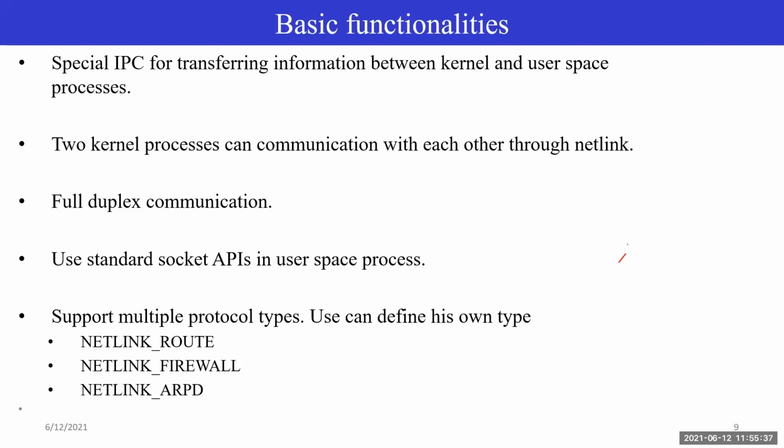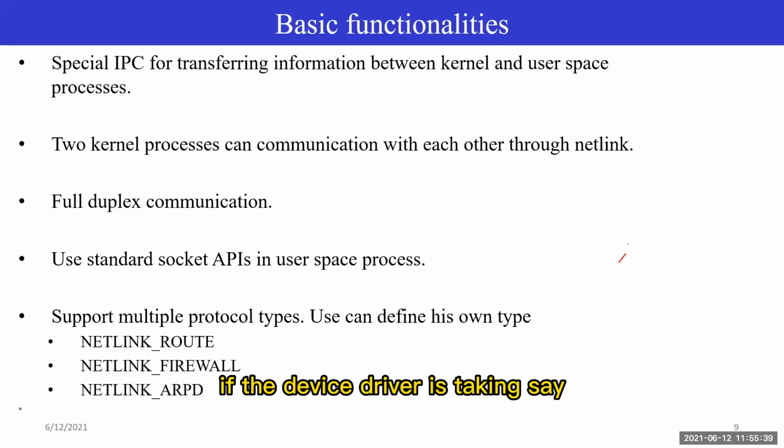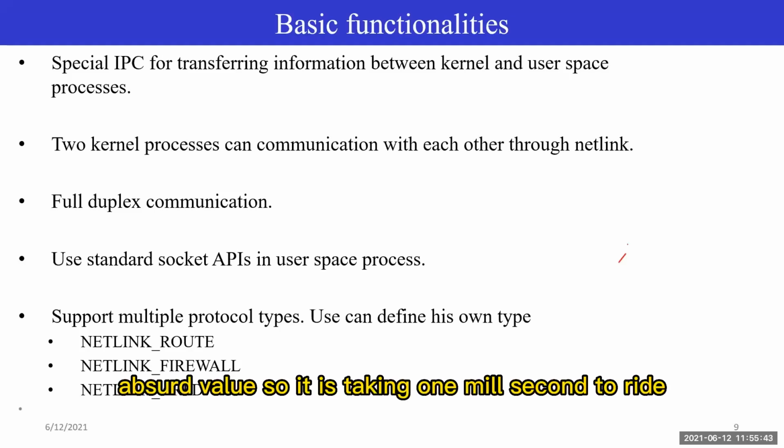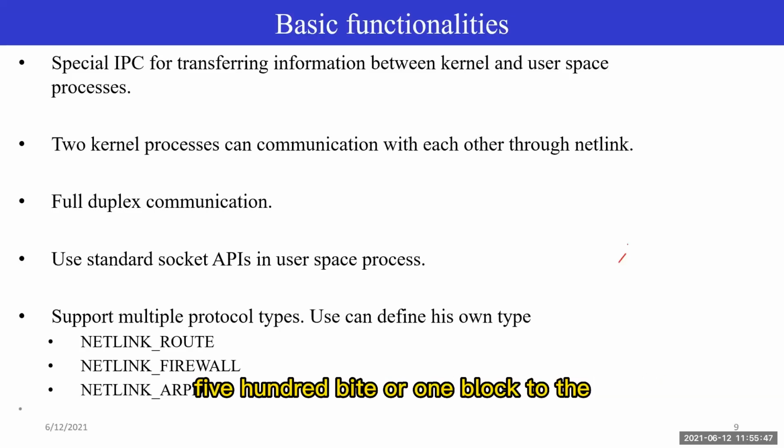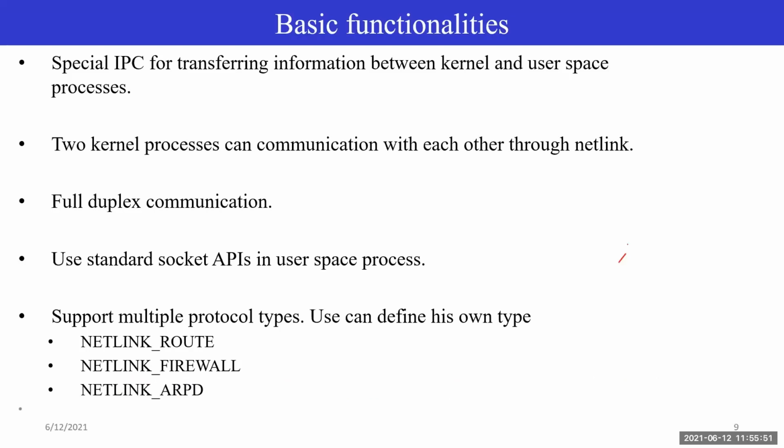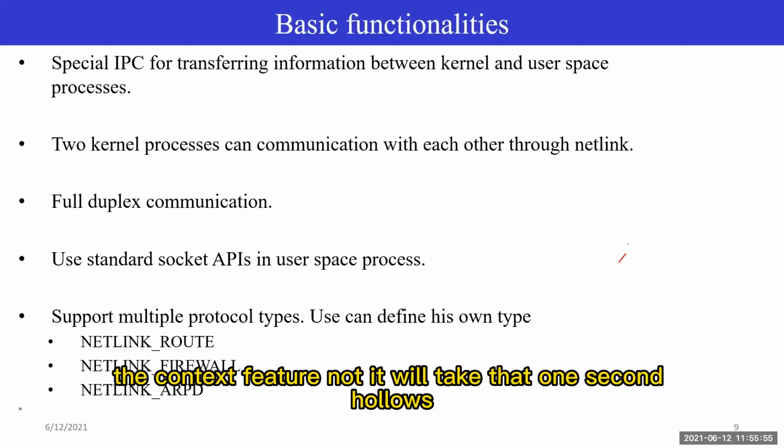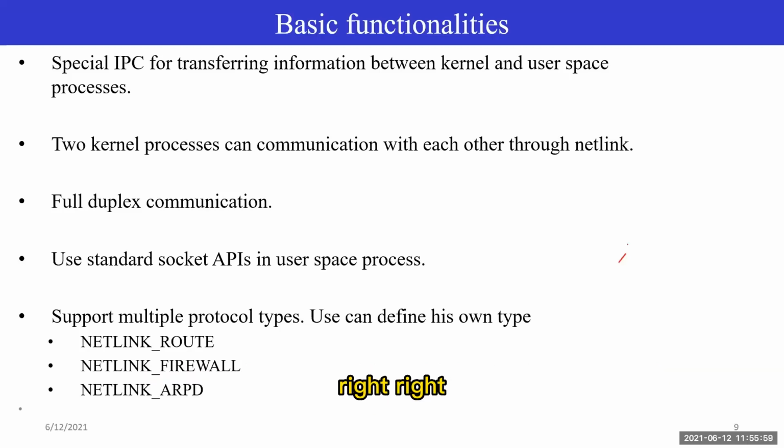If the device driver is taking, say, I'm talking about some absurd value, say it is taking 1 millisecond to write 500 bytes or one block to the device driver, then whether you are bypassing the kernel context switch or not, it will take that 1 millisecond always, right?